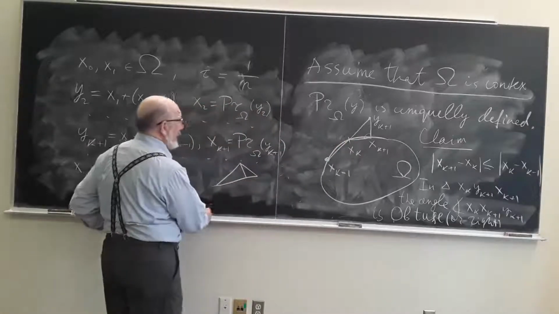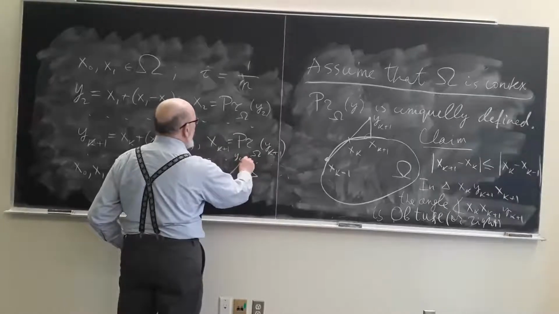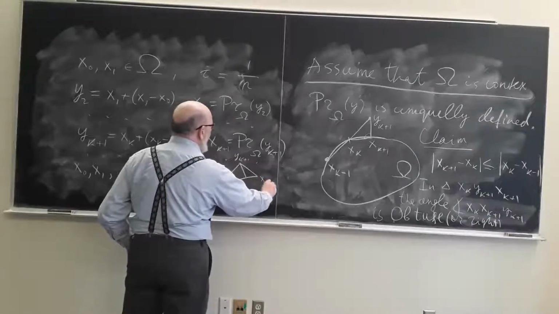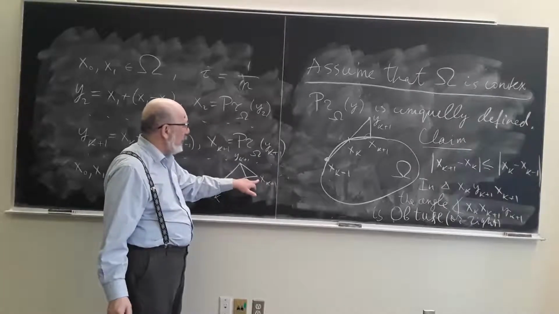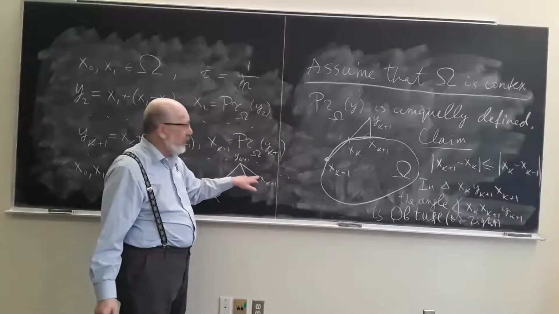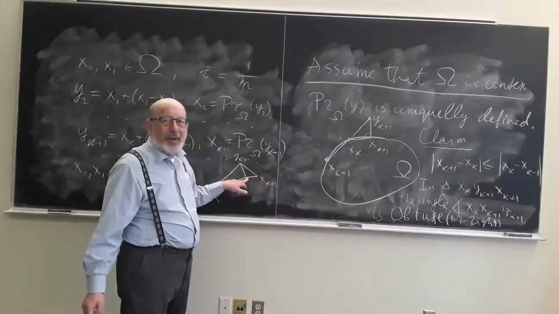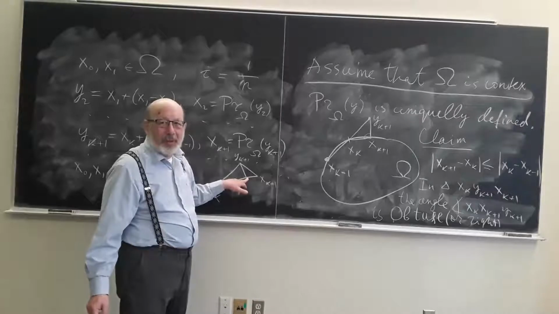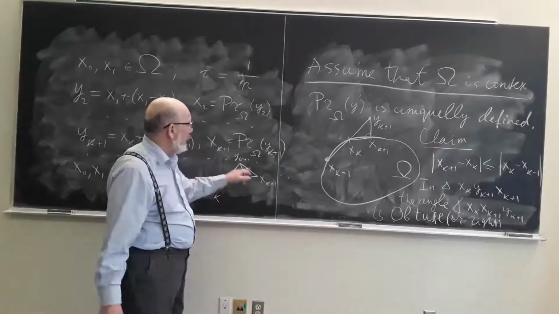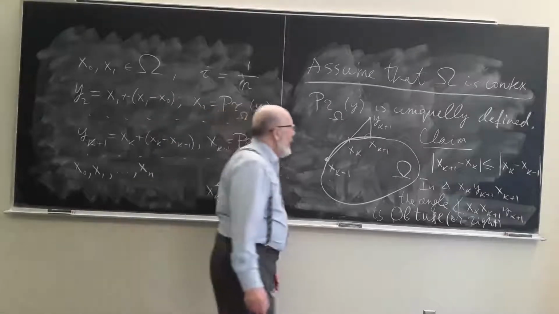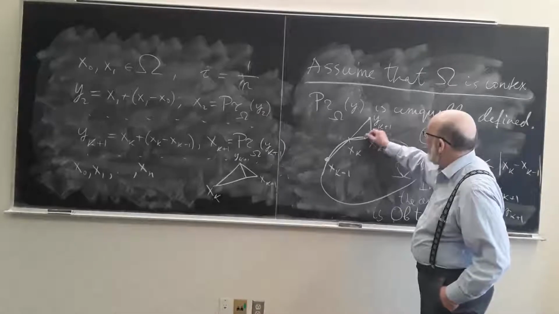So xk plus 1 would not be the shortest segment from yk plus 1 to some point of omega. This is closer. So this means that it is not a projection. So this means that this angle is obtuse.